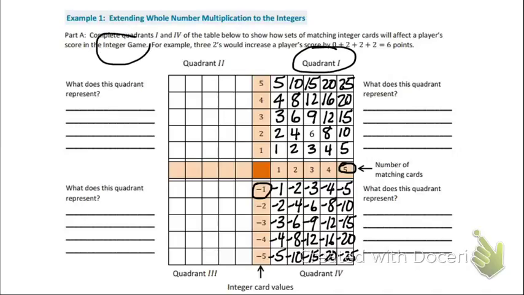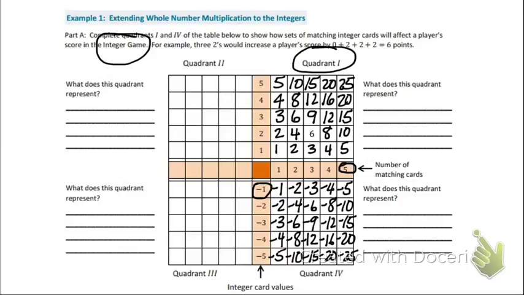And where this is the reference, throughout this discussion of integers, is we are making that relationship to the integer game. So in this case, and again, you can write this down, and you can do the other side on your own later. But when they ask that question, what does this quadrant represent?